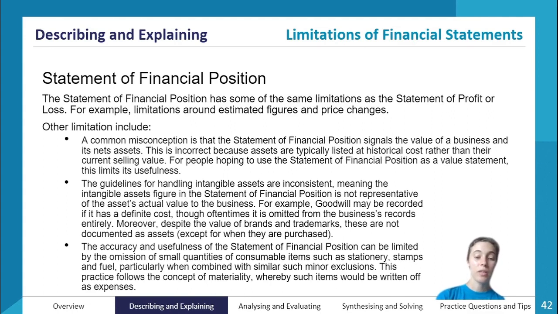And then the accuracy and usefulness can be limited by small quantities of consumable items being omitted from the statement. So stationery, stamps, fuel, those things can all add up to have some value, but they're often not going to be included in these statements because they're more minor than other things.